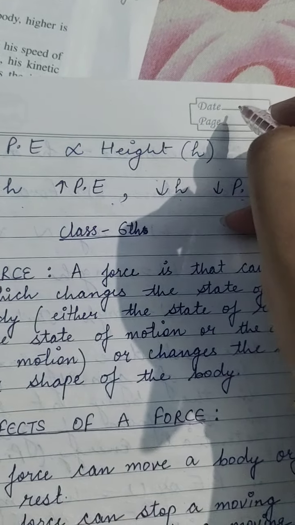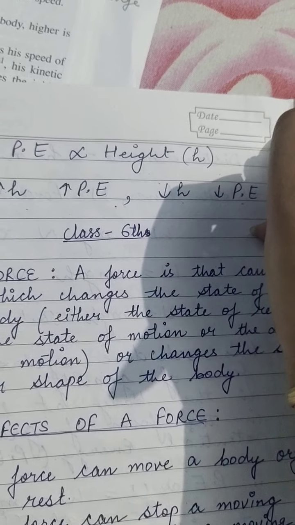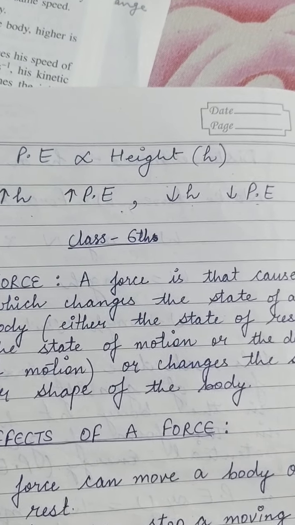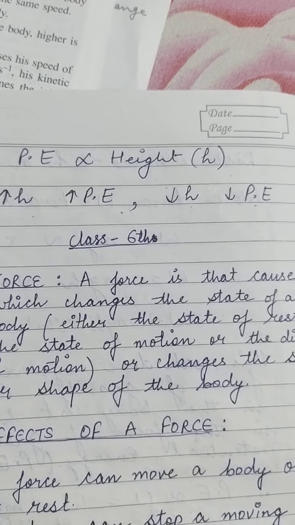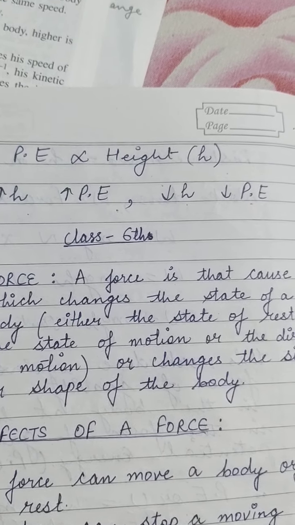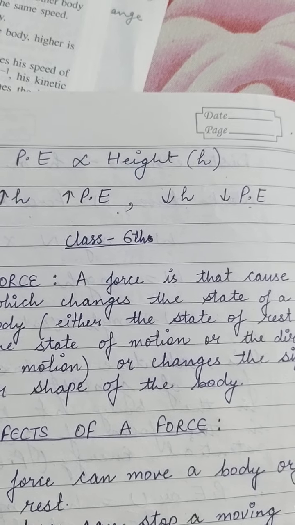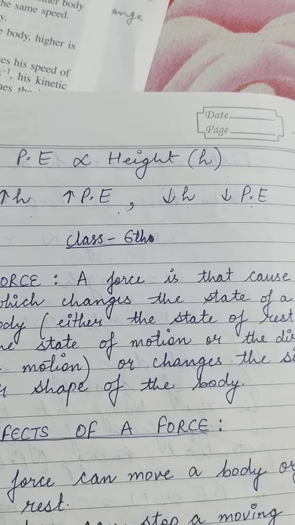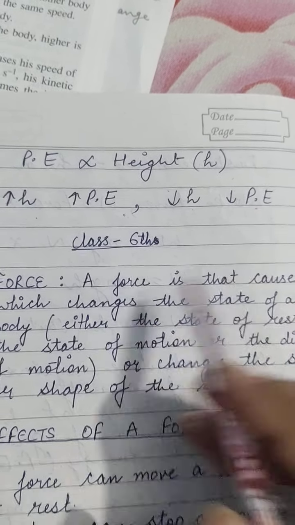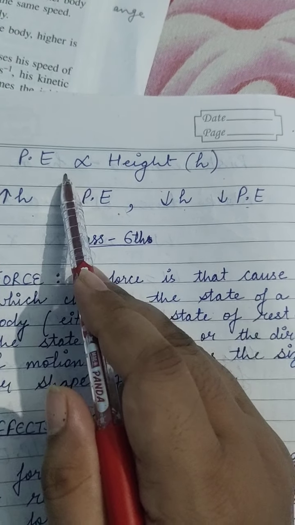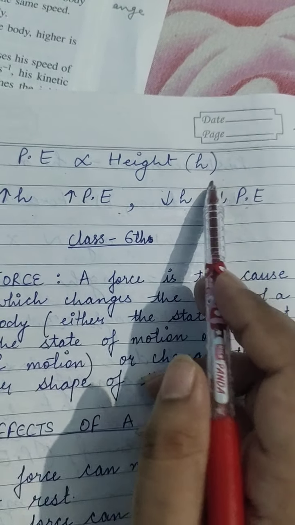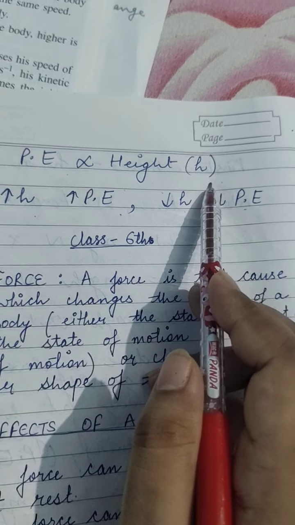So 6 meter is more than 3 meter. So the gravitational potential energy will be more where you are taking the bucket full of water to the second floor, at the height 6 meter. Am I clear? So gravitational potential energy is directly proportional to the height of the body.